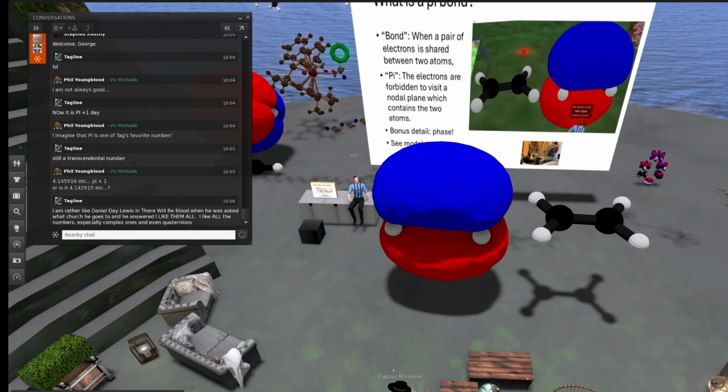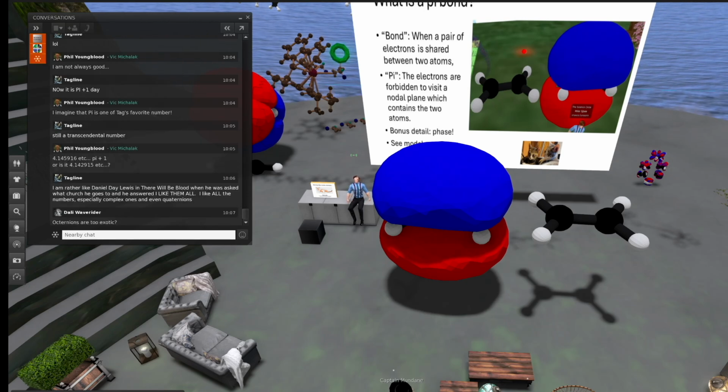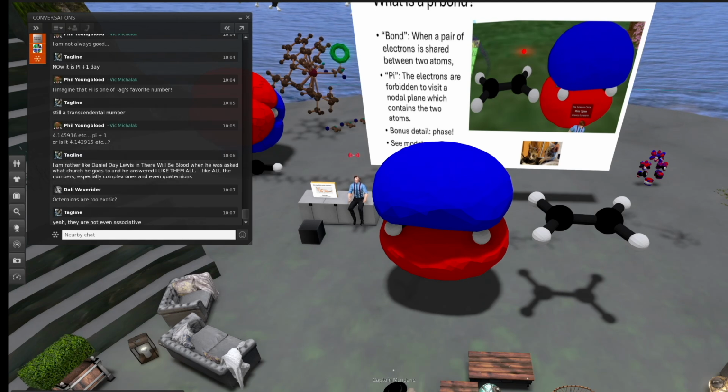This pi bond, as it's called, I'm not giving anything away, the blue and the red-looking beam areas, represents electrons that can be accessed by other molecules from the outside world.